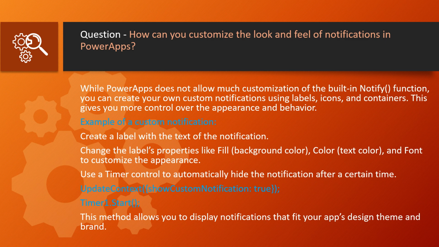Here you need to use a timer control that will automatically hide the notification after a certain time. So how will you write the code? Update context, show custom notification equal to true, and immediately the timer will start. This method allows you to display a notification that fits your app design theme and brand.